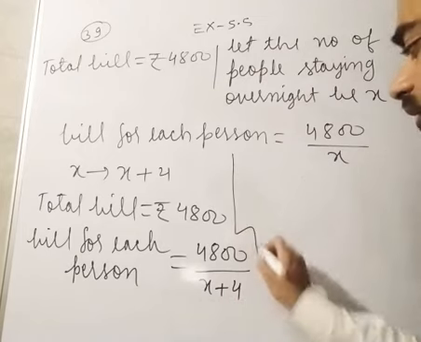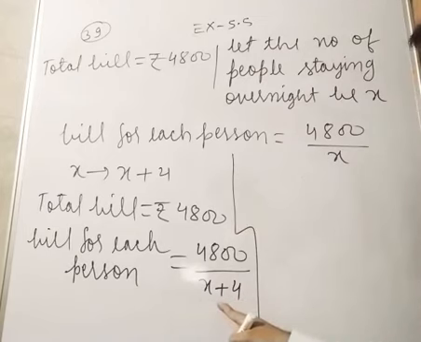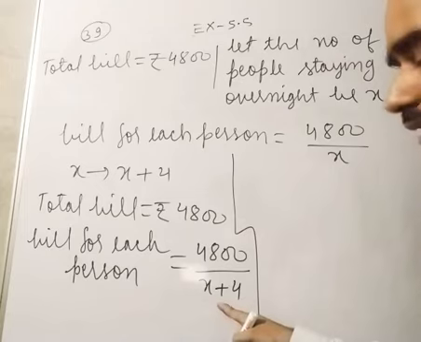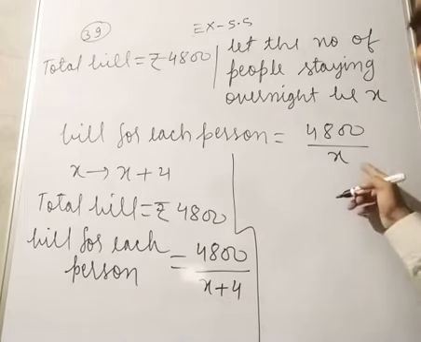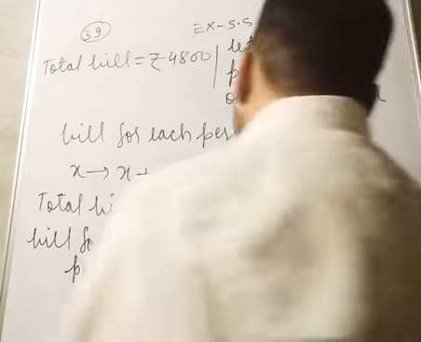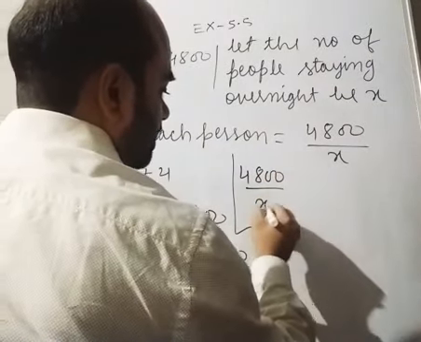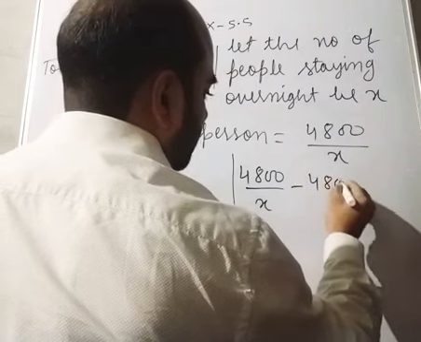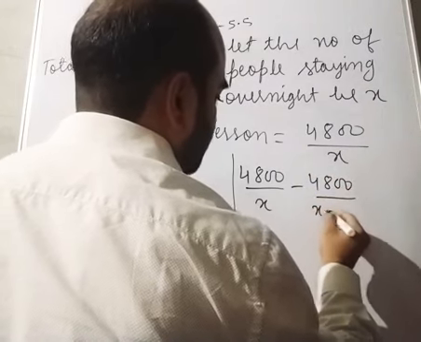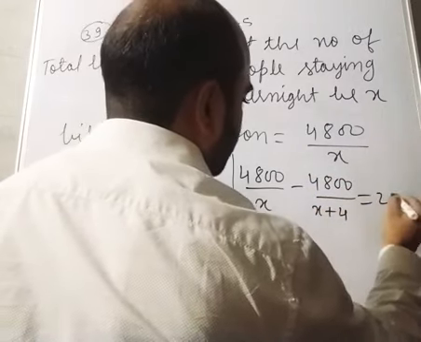It means this is smaller. Why? Denominator is greater, so this is smaller and this is greater. It means what is the equation? 4800 upon x minus 4800 upon x plus 4 is equal to 200.